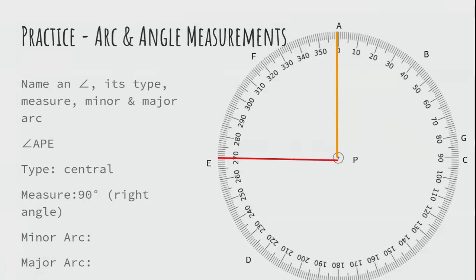So now, my question is, name the minor arc and name the major arc. And again, the minor arc has a measure greater than 0, but less than 180 degrees. And the major arc is greater than 180 degrees. So what do you got?